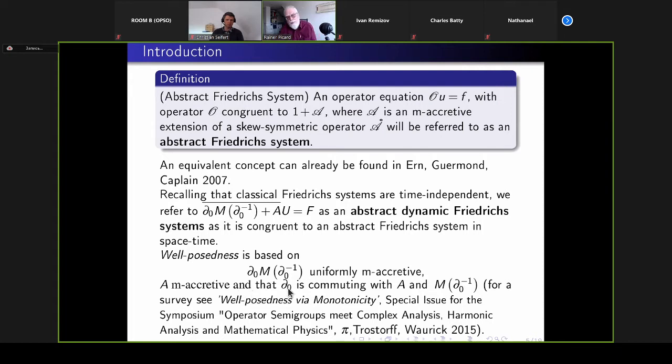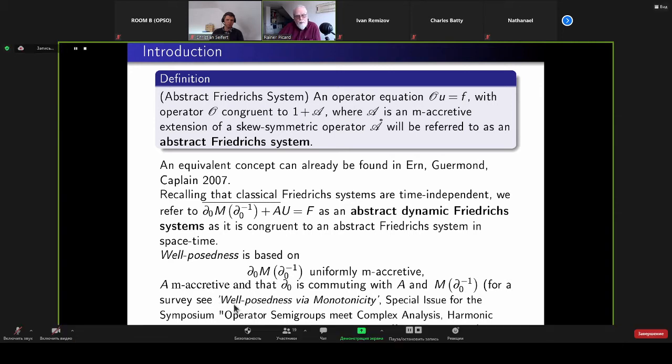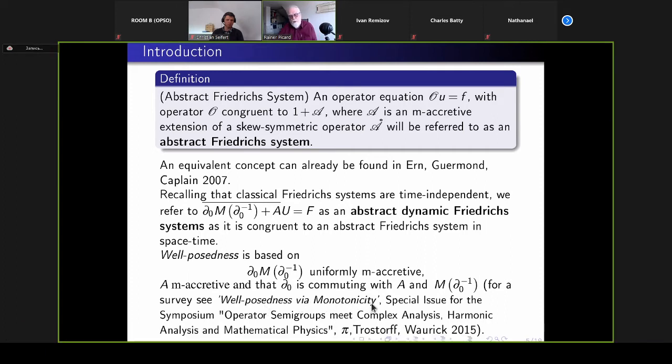And then by construction, we have this commutativity, which we need to keep in mind. For a survey of the ideas behind all this, I recommend this survey paper, Well-Posedness via Monotonicity, by the three of us here from 2015.